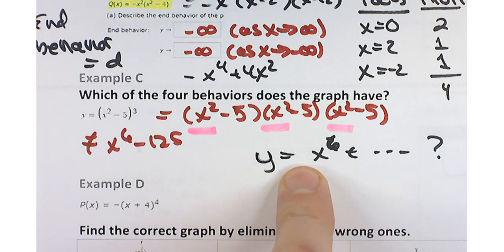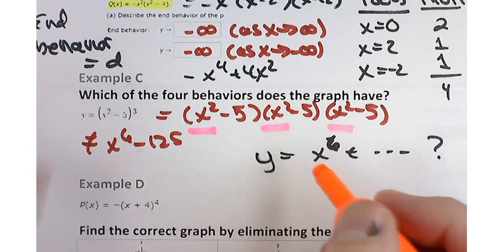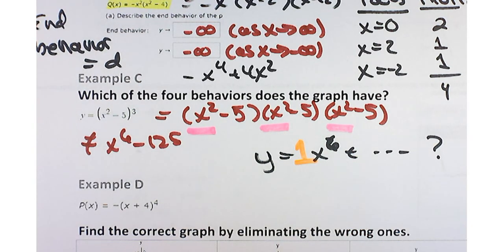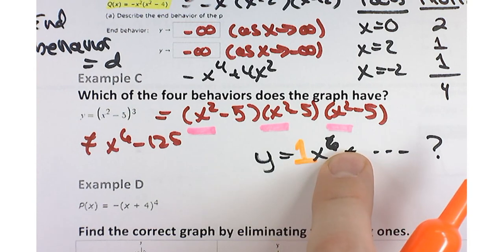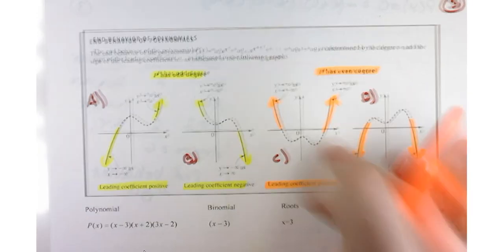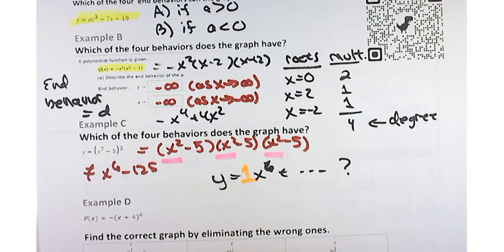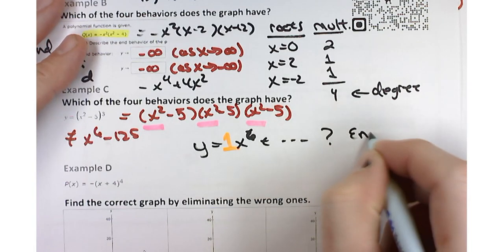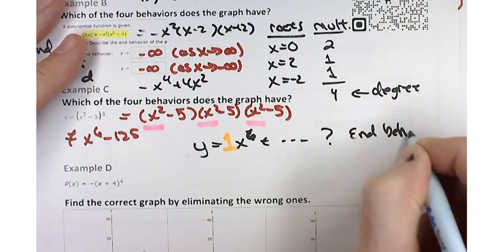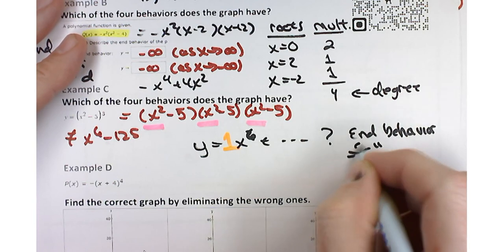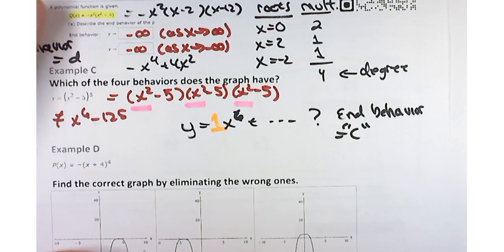What's the coefficient understood to be in front of the x to the 6th? A 1, which is positive. And your degree is even. So what behavior is that? C. Yeah, end behavior C. So, end behavior equals C. Yay.